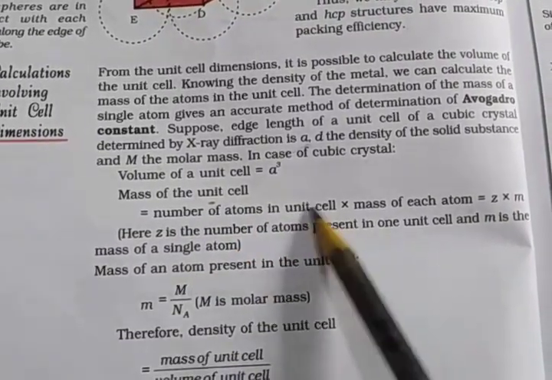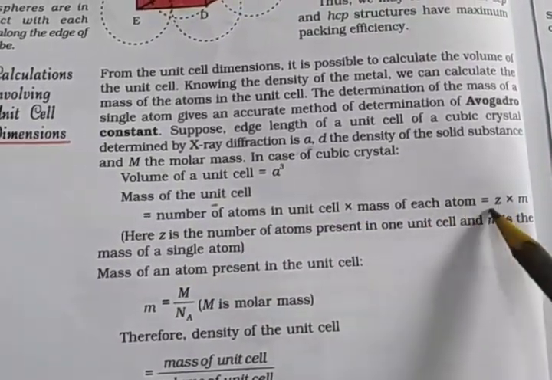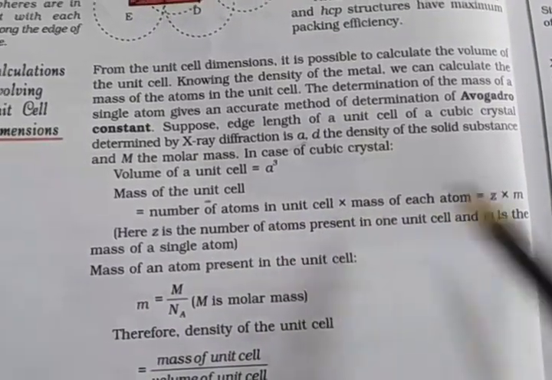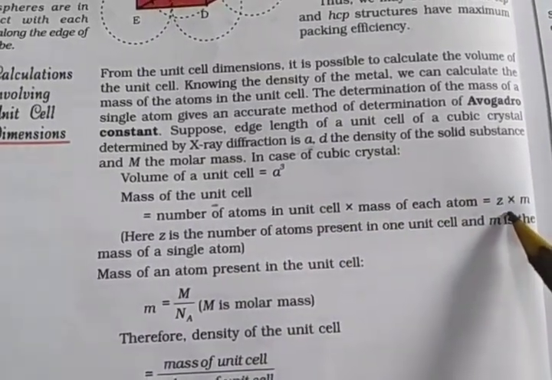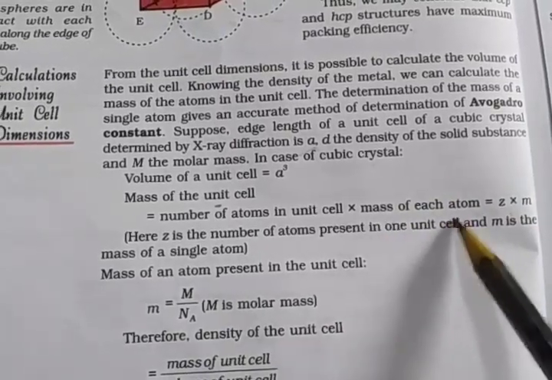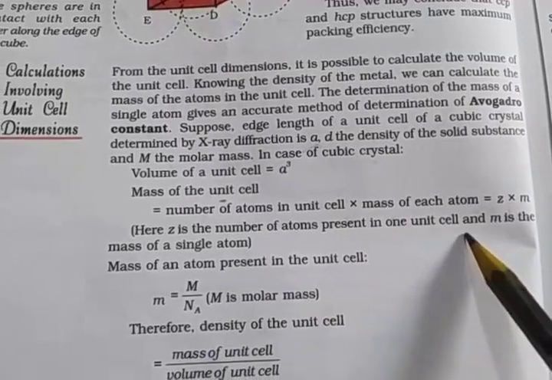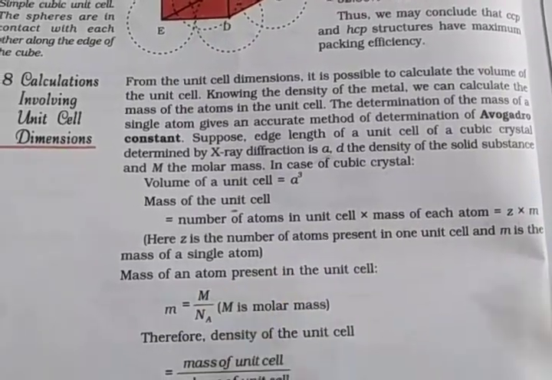The mass of the unit cell is calculated by this formula: the number of atoms in the unit cell multiplied by the mass of each atom. Here z is the number of atoms present in one unit cell, and m is the mass of a single atom.